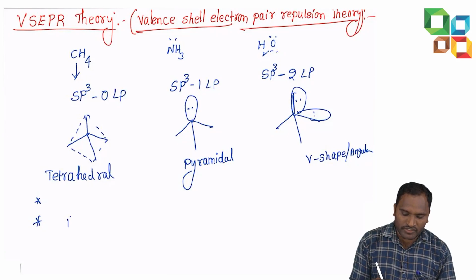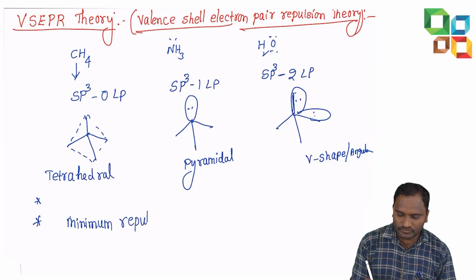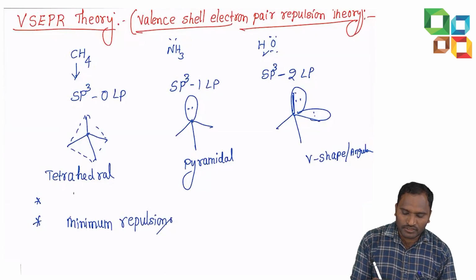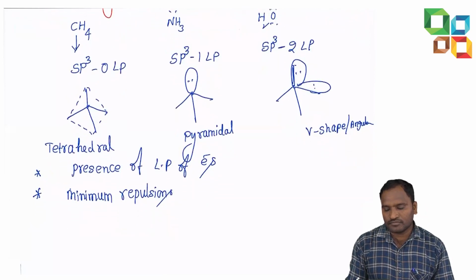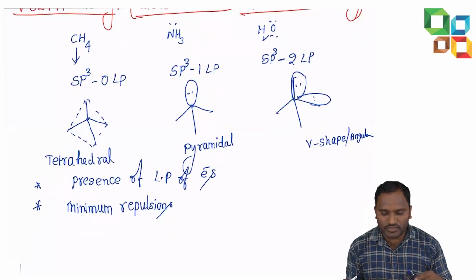So while arranging the lone pairs of electrons, we have to check for minimum repulsions. Presence of lone pairs distorts the geometry of the molecule.